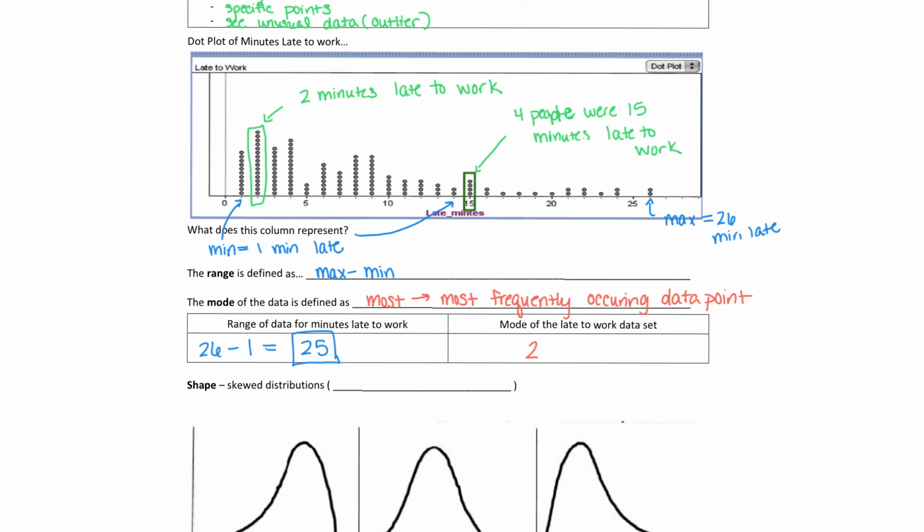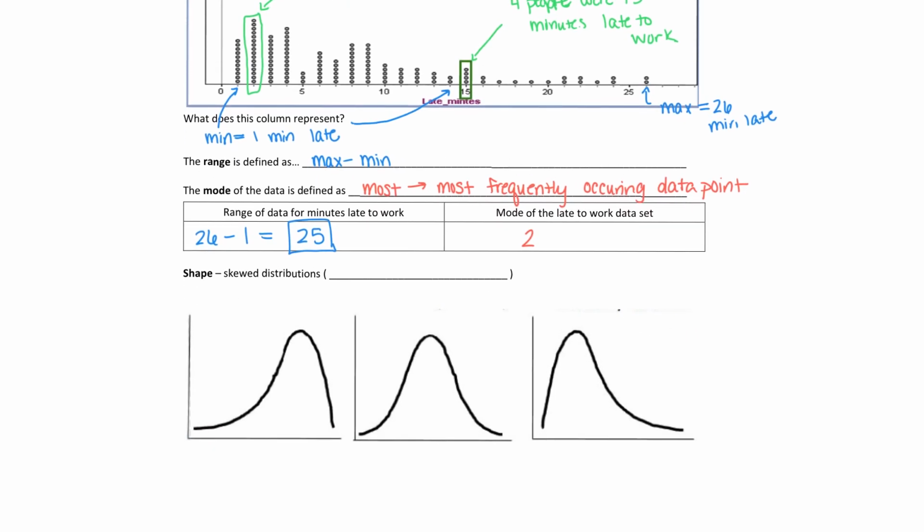Next, let's talk about shape, how a data set is skewed. So here I have 3 examples of whenever I draw a line above my data, how it is skewed. So this first example on the left, we would say that this data set's shape is skewed left.